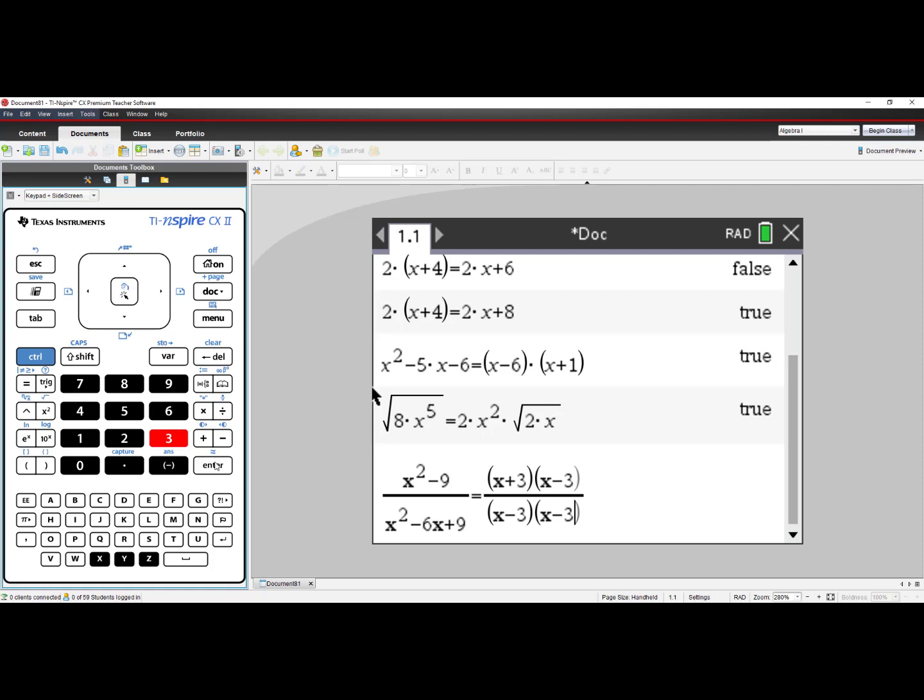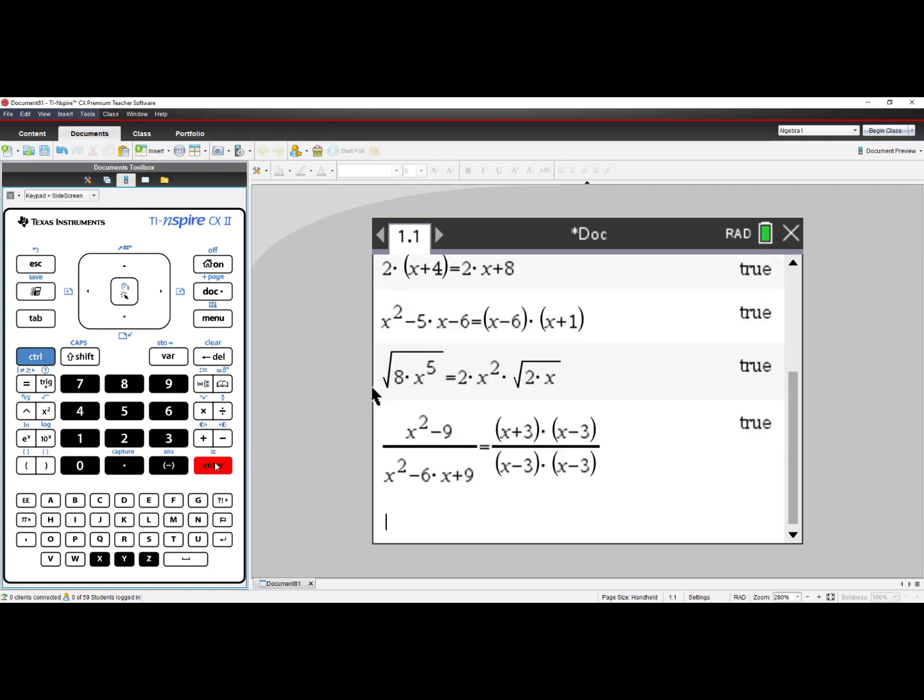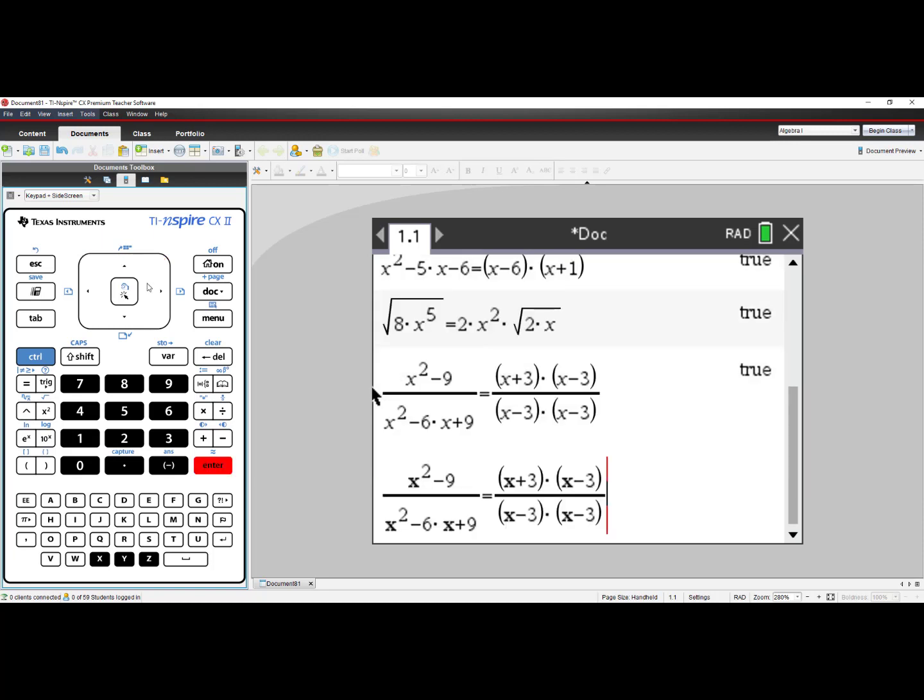If I have factored this correctly, I will now get an outcome of true. But this answer on many standardized tests isn't available. So I will up arrow twice to highlight my last entry. I can press Enter to copy and paste.